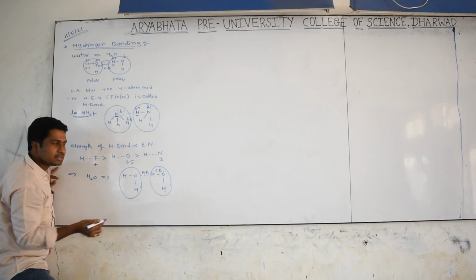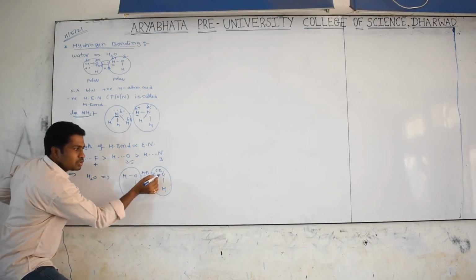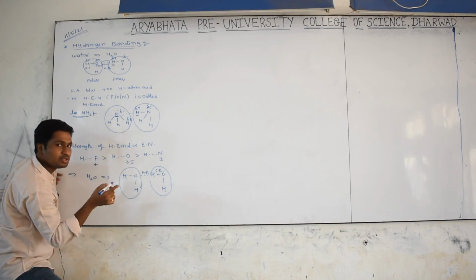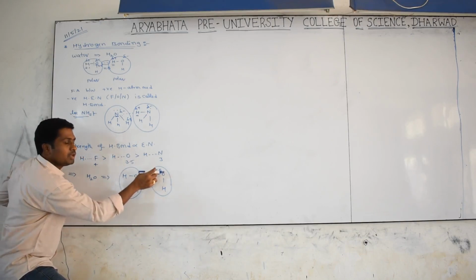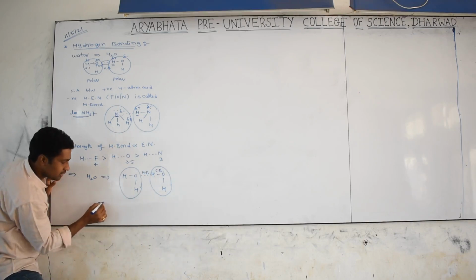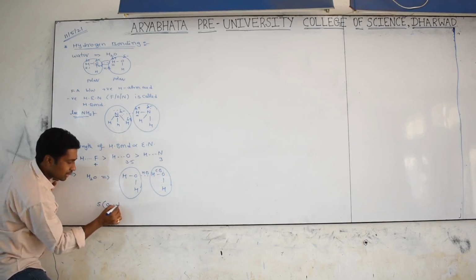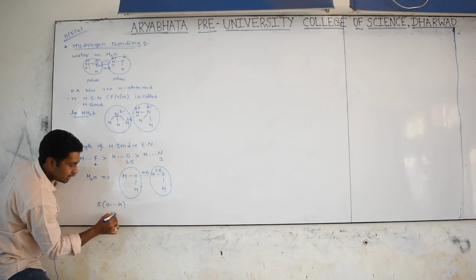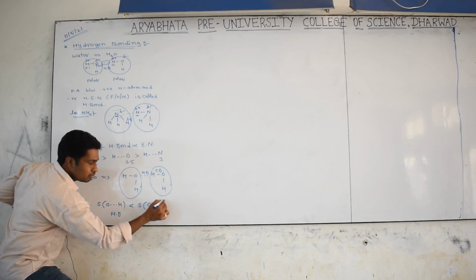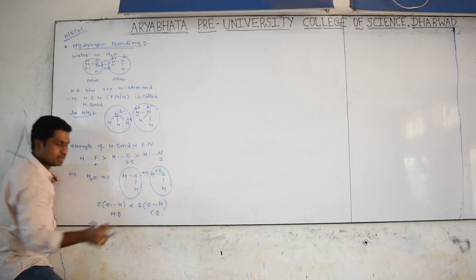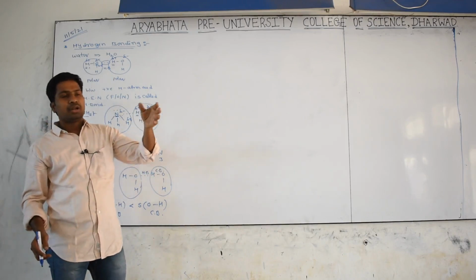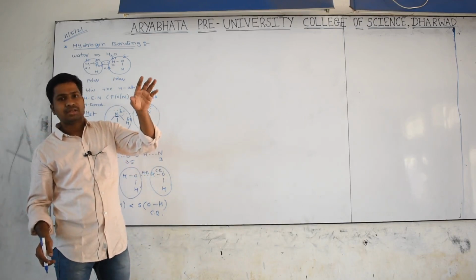Can you guess, in water, the OH covalent bond or the hydrogen bond between water molecules, which is stronger? The covalent bond is stronger than the hydrogen bond. I am writing that here: the strength of hydrogen bonding is weaker than the strength of the pure OH covalent bond within the same molecule. For example, take water: the OH bond there is a covalent bond.